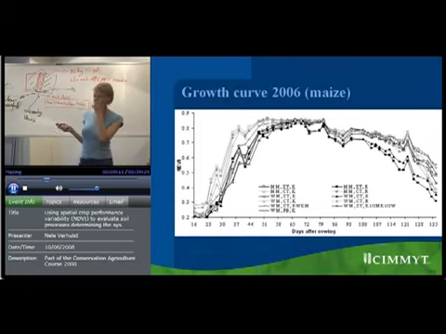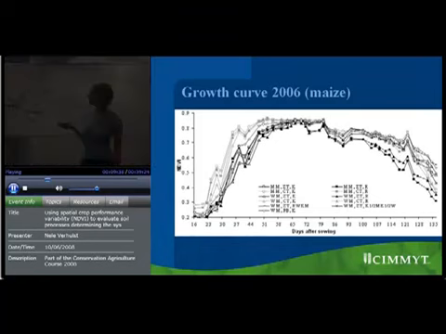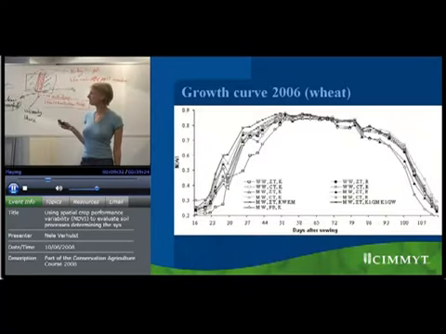Now here in 2006 we did 3 measurements a week, so this is a more detailed curve, and you can see something interesting around here, day 40, where you've got a general dip. This is the same for wheat. It's again the same as for maize, just differences are smaller.